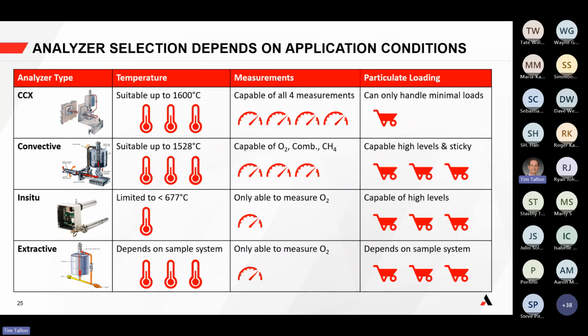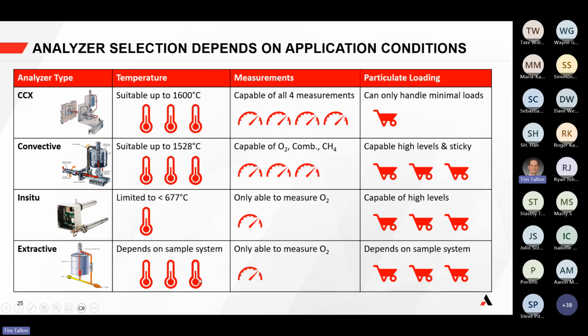Now the extractive type is versatile because the analyzer does not depend on its interaction with the process. An extractive analyzer depends largely on the sample system. So you could have a water-cooled probe that can handle very high temperatures.